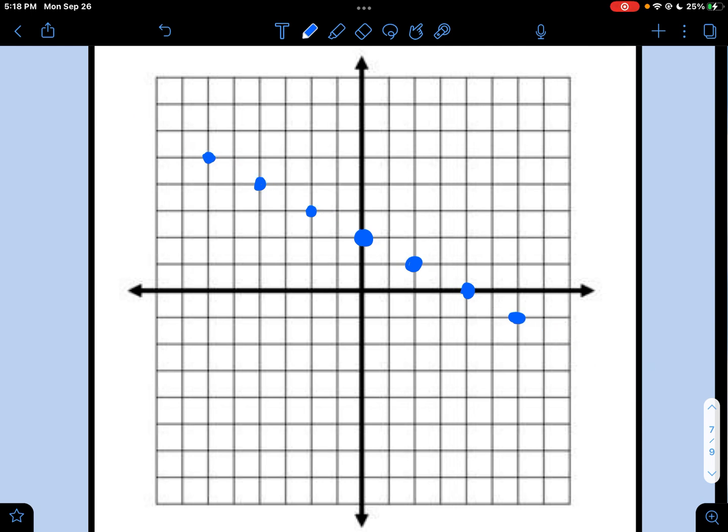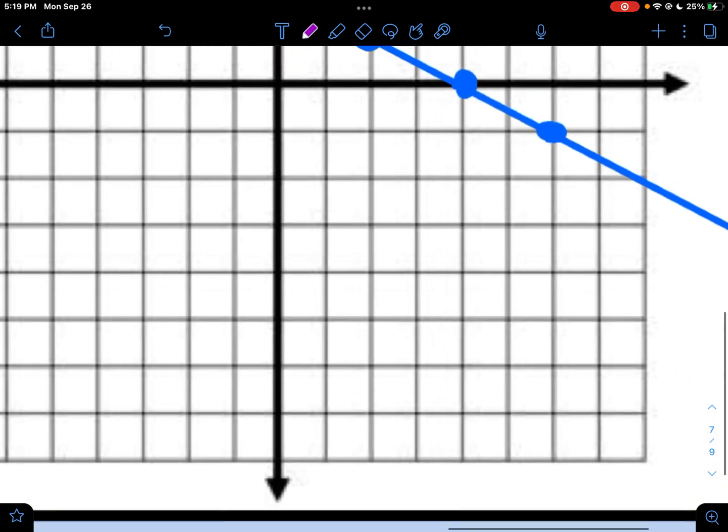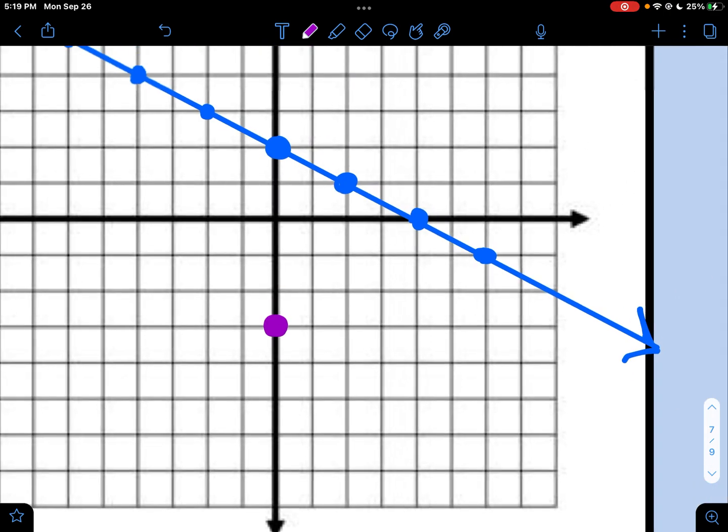Oops, I need to do it so it makes a straight line. There we go. Okay, and then this one starts at -3, and then we do -7/4.